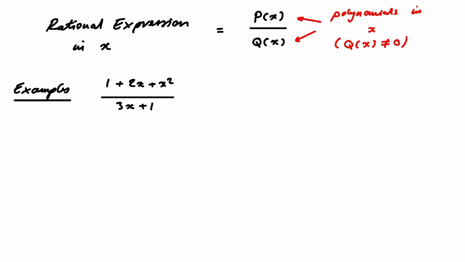That's a rational expression. We could also have something like this: 2x squared plus 1 divided by 1. Okay, there's nothing wrong with that. 1 is a constant polynomial, 2x squared plus 1 is a quadratic polynomial. But this, of course, is just a polynomial at the end of the day. So moral of the story is polynomials are rational expressions as well.